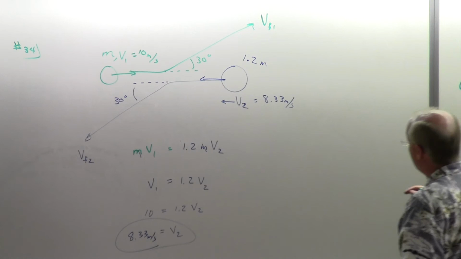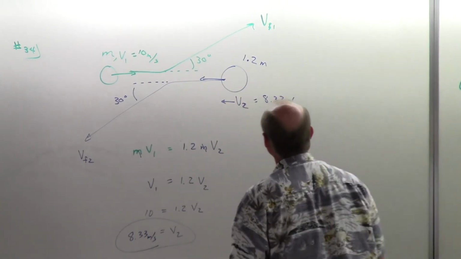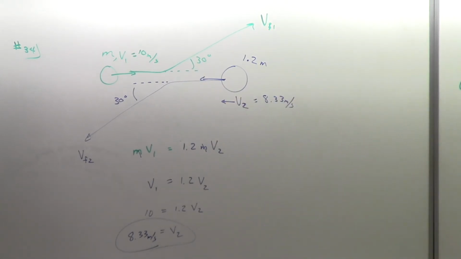what you're saying here about the green one is that its mass times its final speed times the cosine of 30 degrees is how much momentum the green one has. But the blue one then would have a minus, because it's going in the negative x direction.